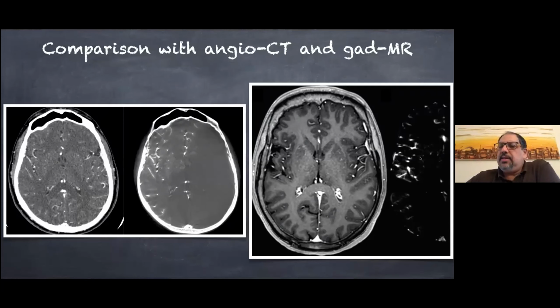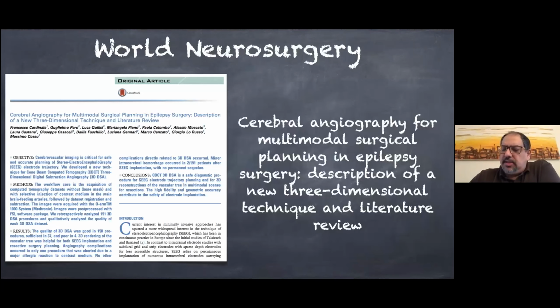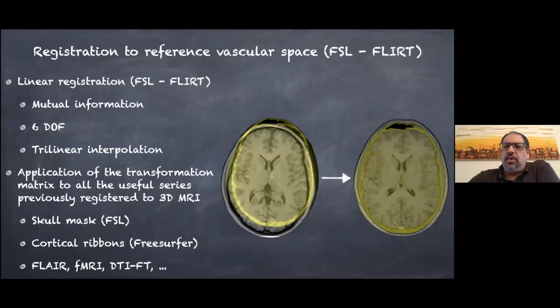And on your right, you can see the subtracted three-dimensional CBCT angiography with our technique compared to gadolinium enhanced MR. You can find the details of our technique in a paper published some years ago in World Neurosurgery.